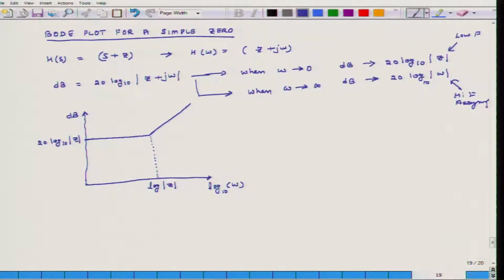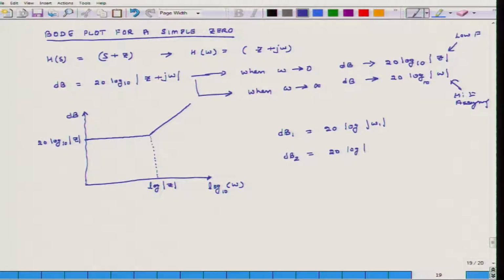The next thing we want to know is what is the slope of this curve. So, we find out the slope. Let us say dB1 equals 20 log of omega 1, and dB2 is 20 log of 10 omega 1, supposing I increase my angular frequency by a factor of 10.